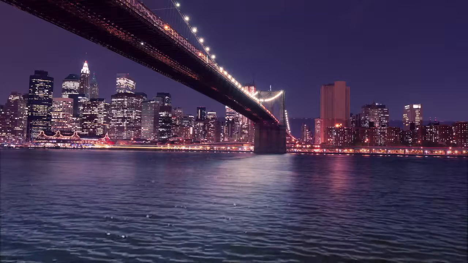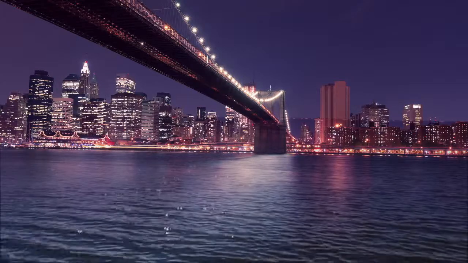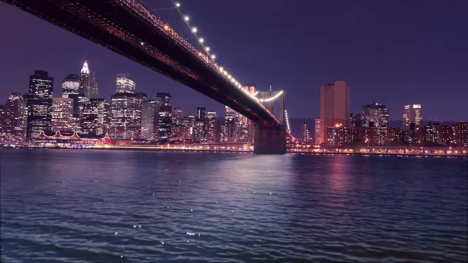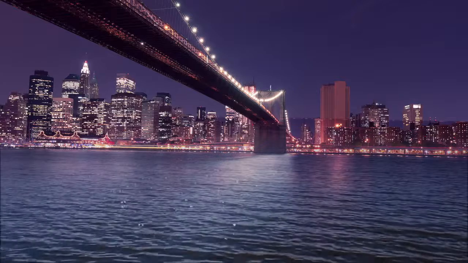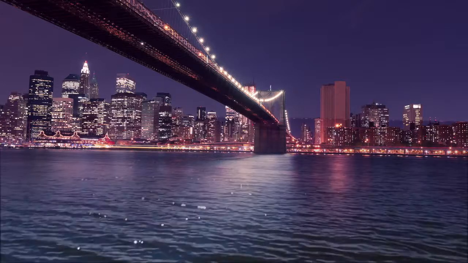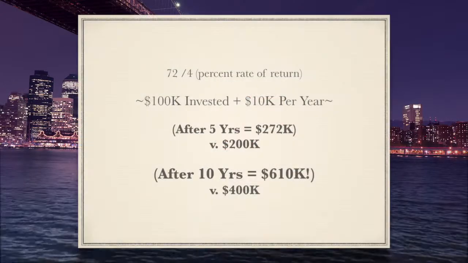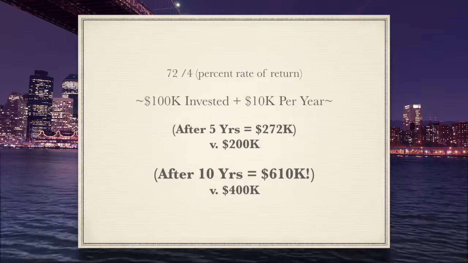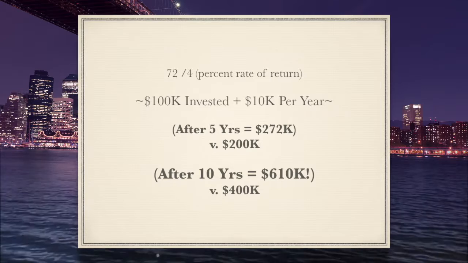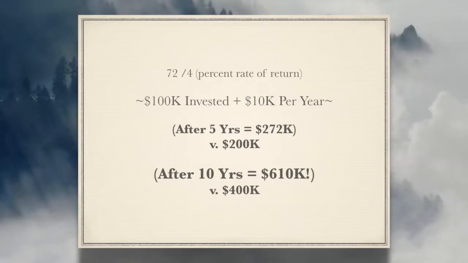By employing the Rule of 72 in your investment decisions, along with reinvestment of the returns, your investment can double over time. By also adding principal to the investment, you can compound this effect even further. For example, let's take our $100,000 initial investment example. By infusing an additional $10,000 every year into the investment, after 5 years, your investment will be worth $272,000 instead of $200,000 by not infusing cash into the investment.